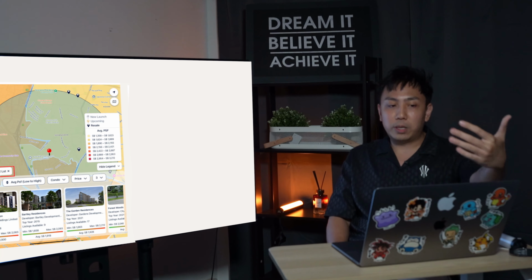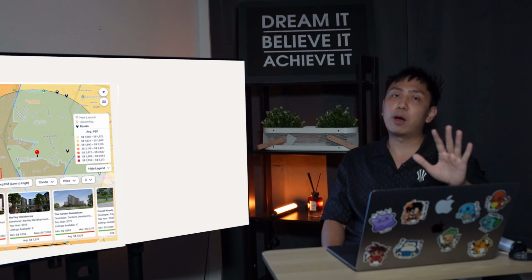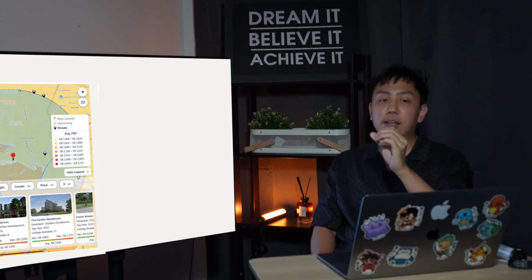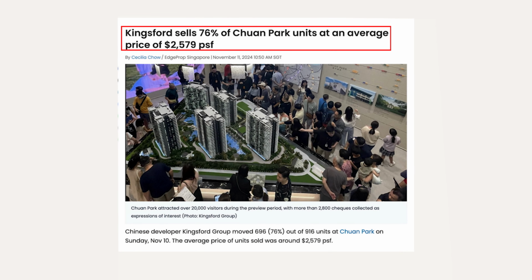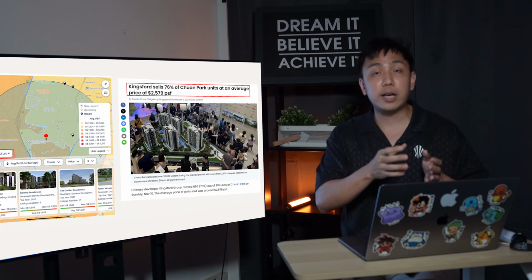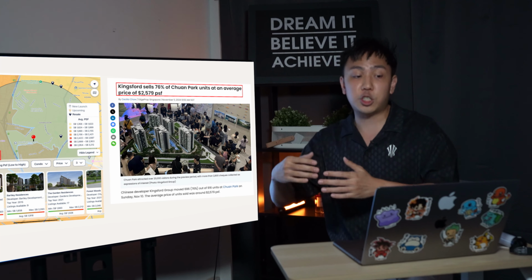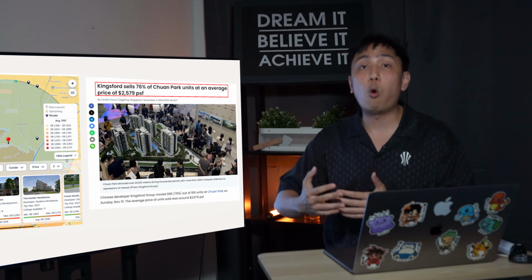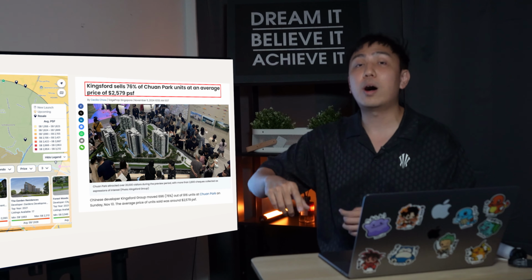If we take duplicates into account, there might only be 35 to 40 units for sale. Hence, during the first day of launch, Chuan Park actually sold 76% of their units. That's why analyzing supply is critical to justify whether the price you pay today is justifiable and whether your property value will hold in the future when you want to sell.